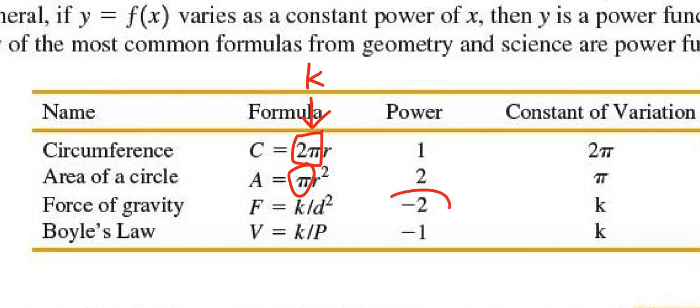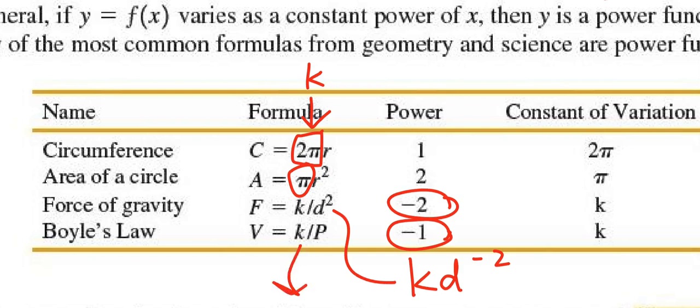You'll notice that they have exponents which are negative. That's because I could write this as K times d to the negative second if I wanted to. Or, for instance, this one, K times P to the negative first.